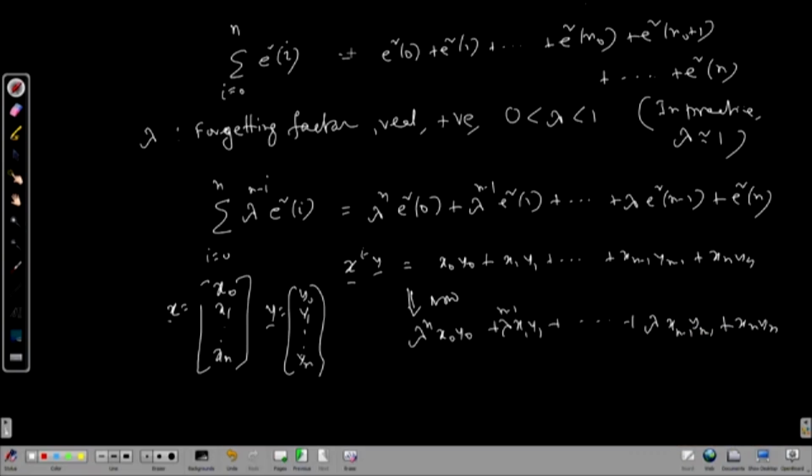So this is nothing but this when x and y both are the same and equal to the E n vector. So E n transpose E n was the thing earlier, that was that summation, but now with lambda the summation has changed.